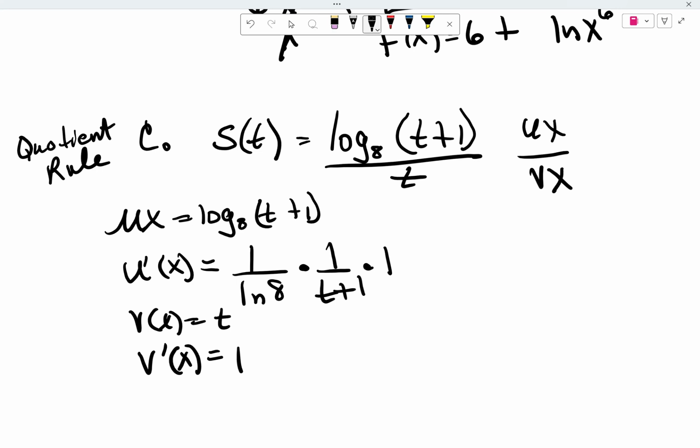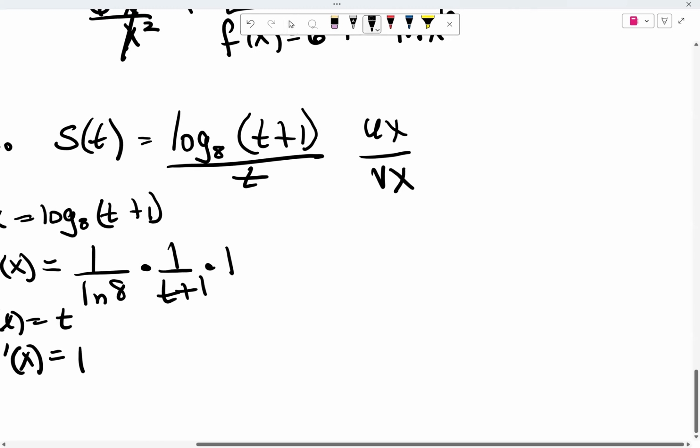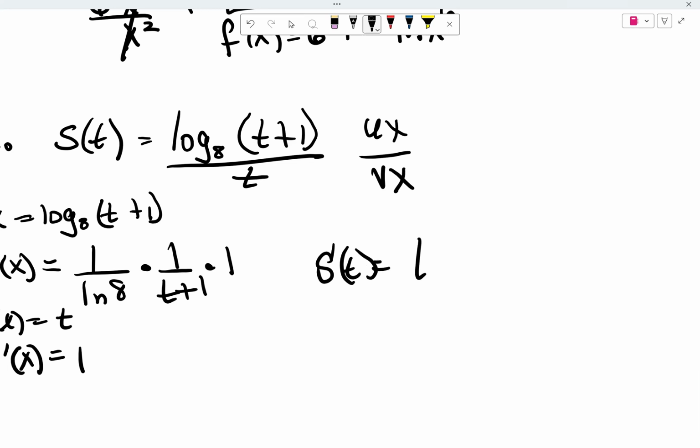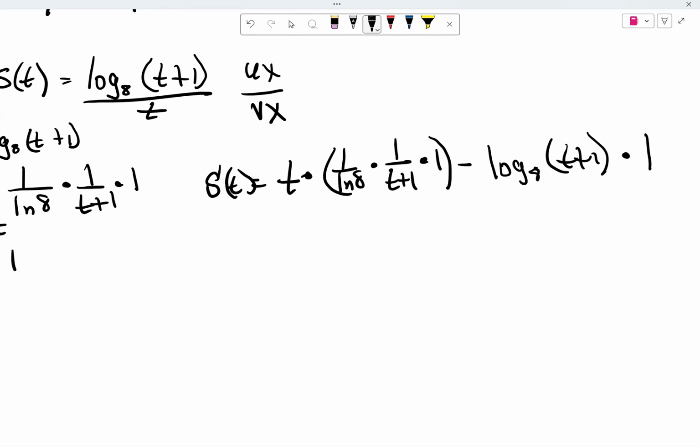So if we throw this into the quotient rule, I'm going to do that right here. I'm going to say that first derivative using the quotient rule is equal to t times 1 over natural log of 8 times 1 over t plus 1 times 1, minus log base 8 of t plus 1 times 1.